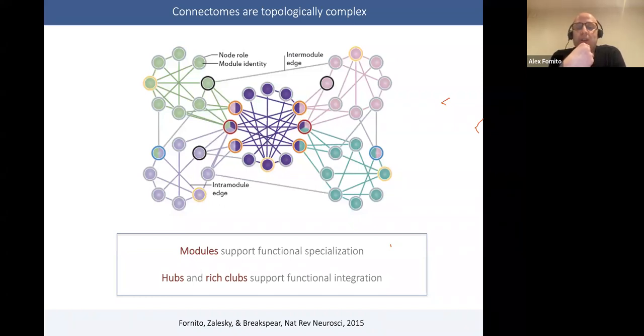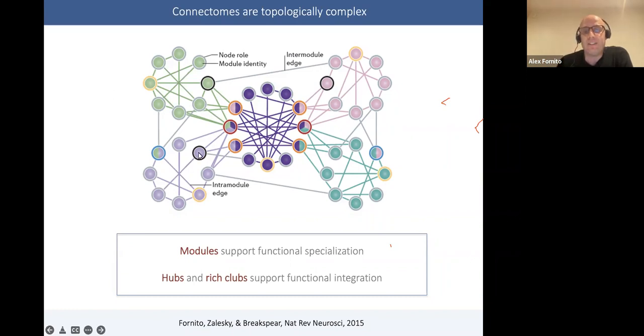One is the idea that the brain can be subdivided into subsets of strongly connected nodes called modules. These are represented by the different colors here. The idea is that the strong connectivity between nodes within a module supports some kind of common function. So this modular organization supports both specialization and segregation of function.